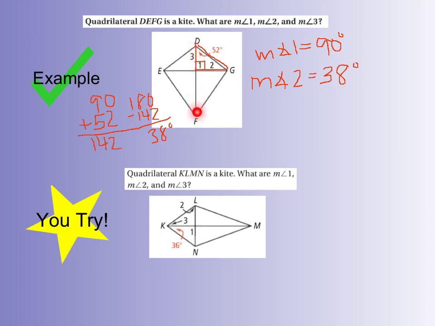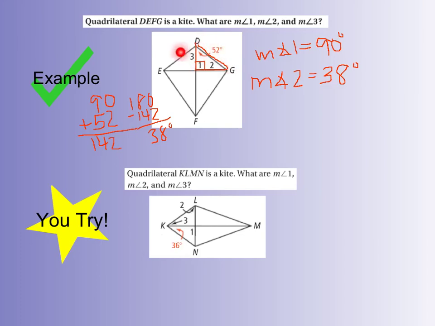But if I'm looking at this one, what's happened here is I've formed two congruent triangles. I can prove that to you by saying it's a right triangle, okay? Angle 1's a right angle. My hypotenuses are congruent because they are consecutive sides, and I know that in any kite I have consecutive sides being congruent. And they have this reflexive side in the middle here, which means these triangles are congruent by hypotenuse, leg.